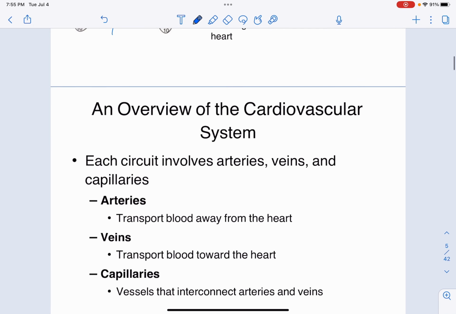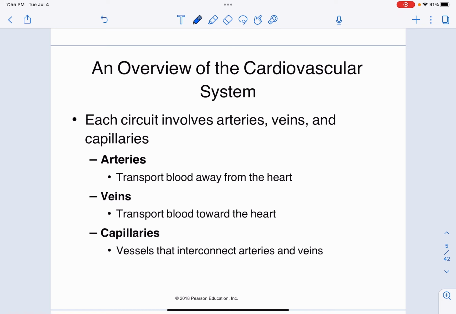All right, so let's talk about the vessels that are involved with the heart. It is important to understand the definition of arteries and veins. So I'm going to go over that right now.